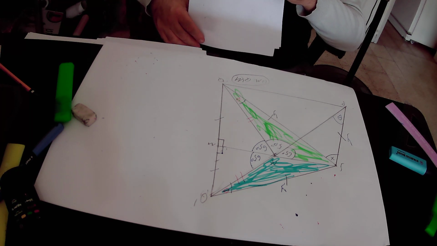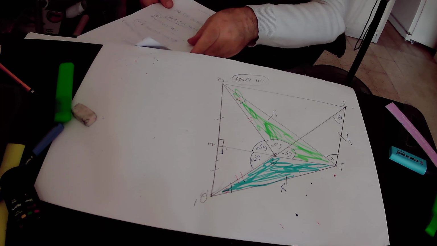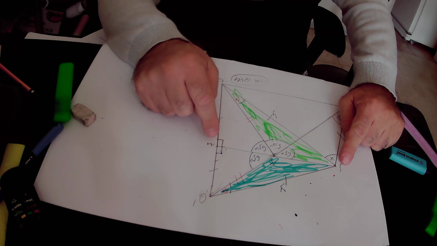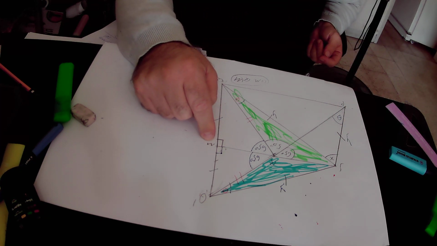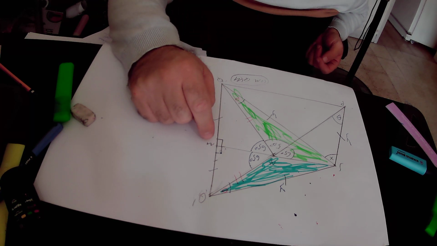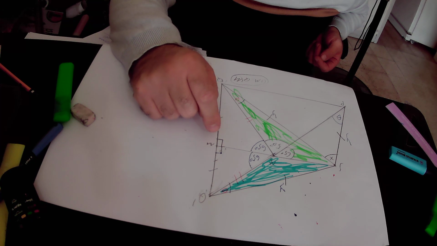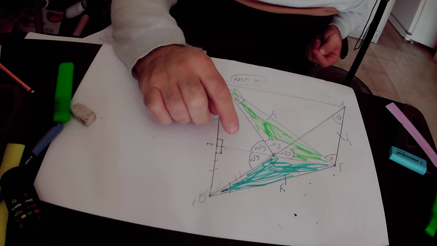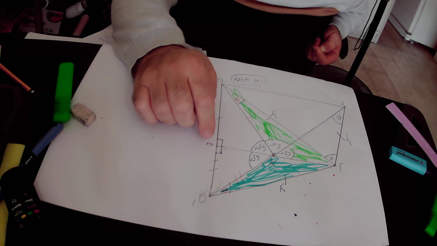We extended side SR until point M, and then from point Q we drew a perpendicular to the extended line segment SR.